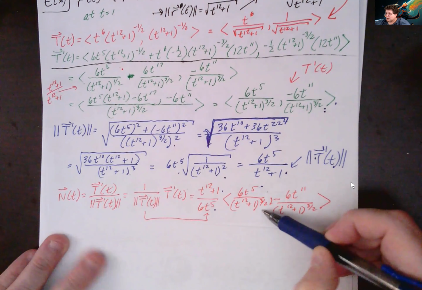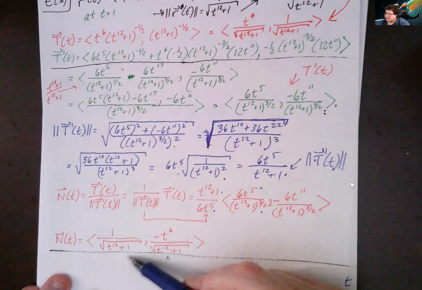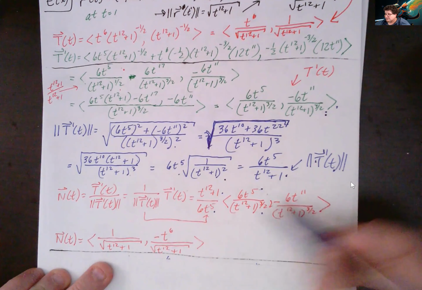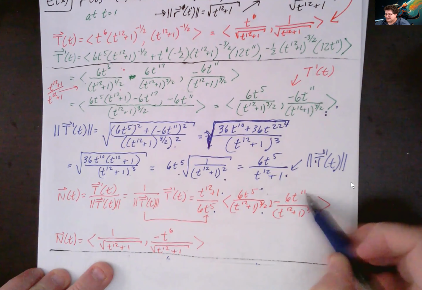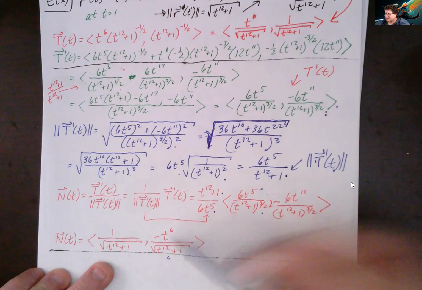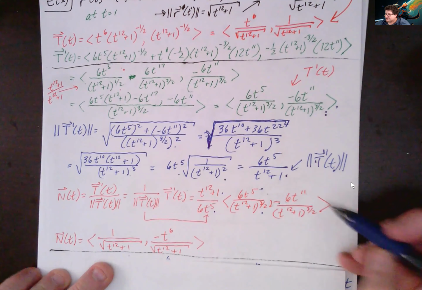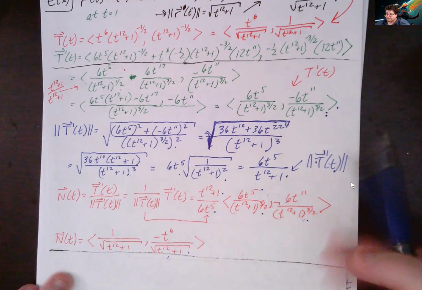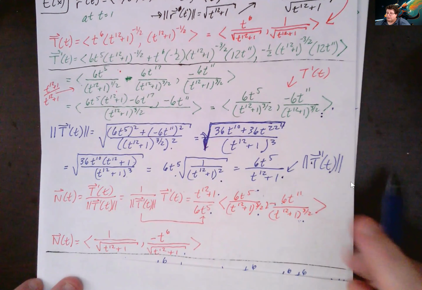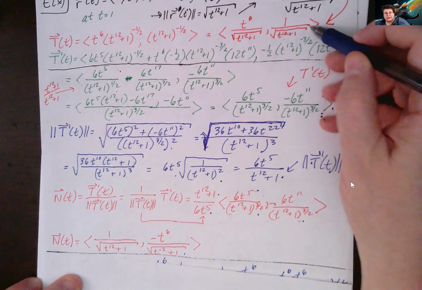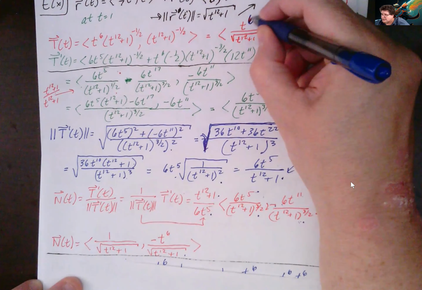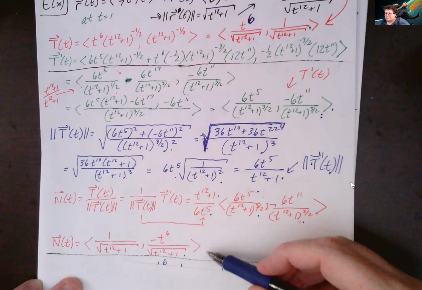This gets down to just the square root. The second one, the 6's cancel out. T to the 11th divided by t to the 5th is t to the 6th. We do have a negative sign still. And we still have that same reduction where the bottom is square root of t to the 12th plus 1. So we have t up here. That's a 6th power. I have n right here.